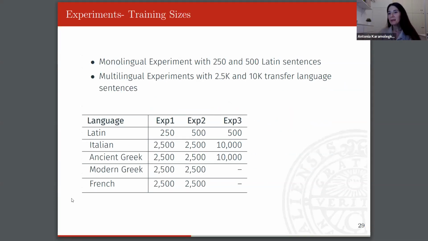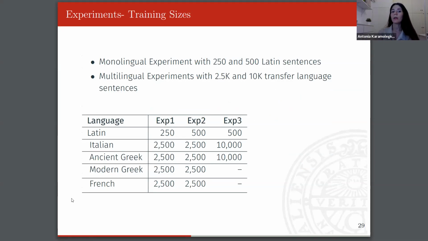So these are our experiments. We first trained a monolingual model with 250 and 500 Latin sentences because we want to imitate a low resource scenario. And then our multilingual experiments have 2,500 sentences of transfer languages.